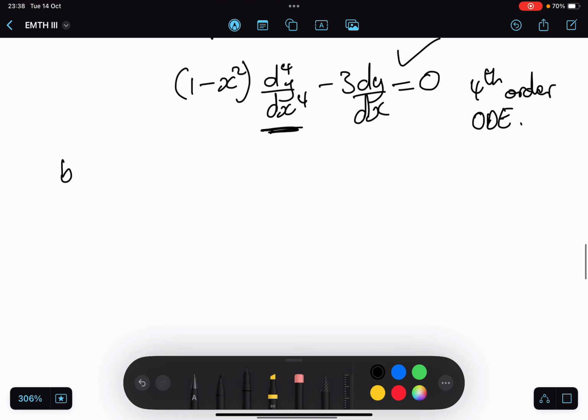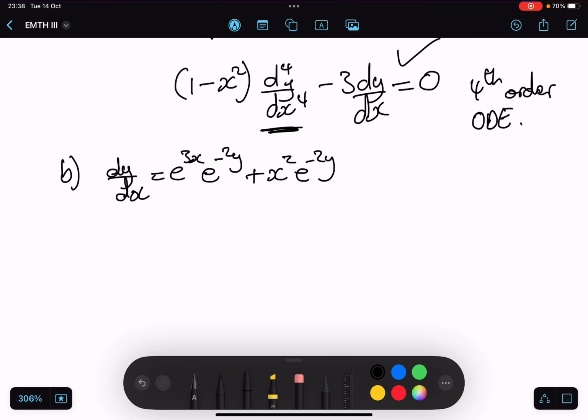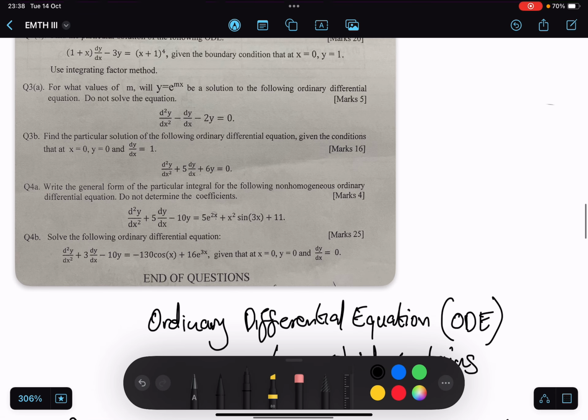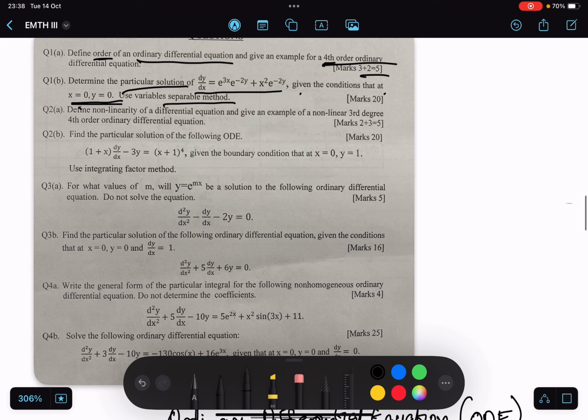For B, we are given that dy/dx equals e^(3x) e^(-2y) plus x squared e^(-2y). This is the ordinary differential equation that was given.